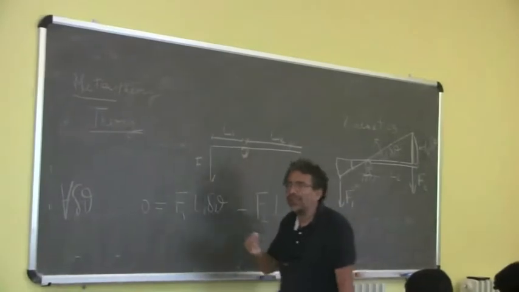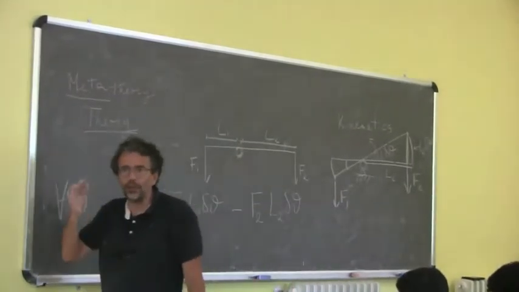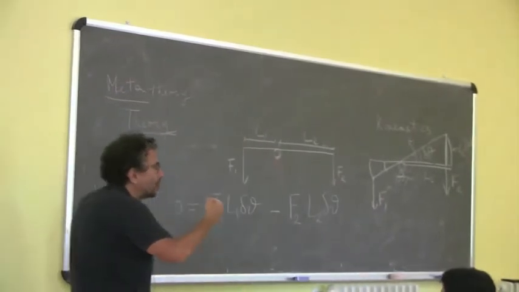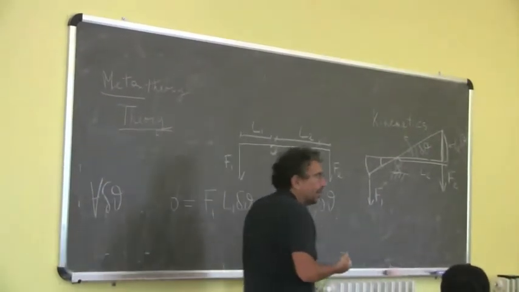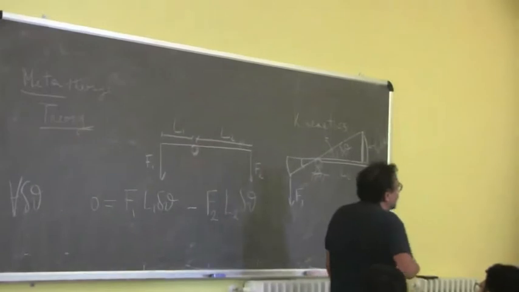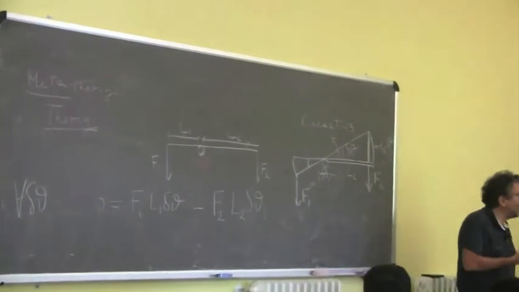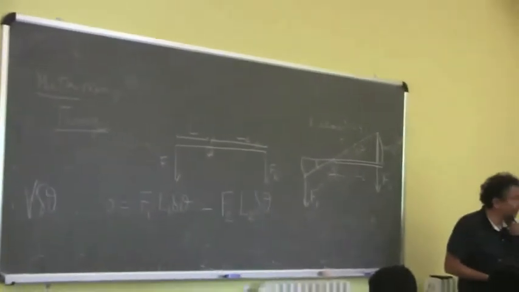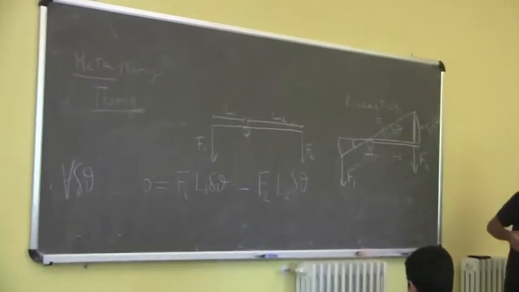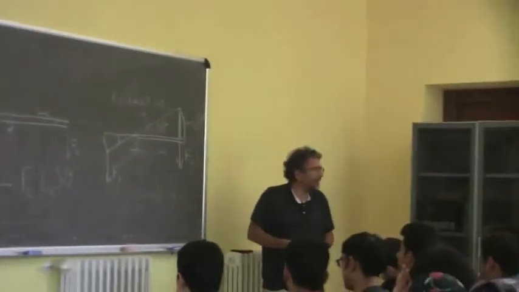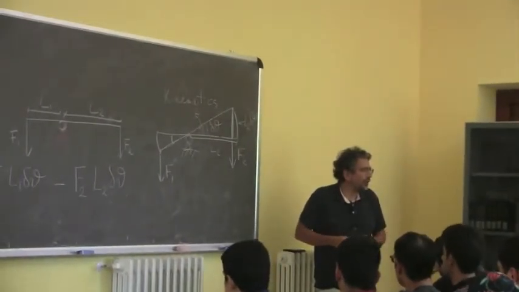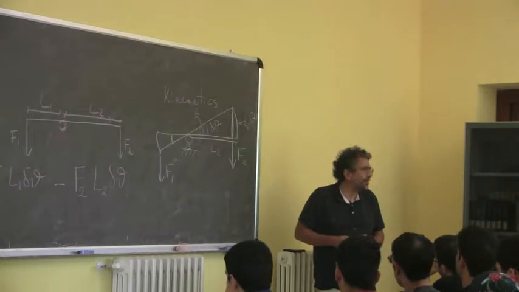Now, for Greeks, algebra was a difficult business. They needed to make geometric reasonings for proceeding. We own now algebra. Okay? In Europe, we say that algebra is an invention of Arab scientists.